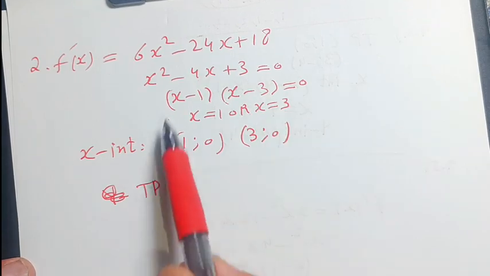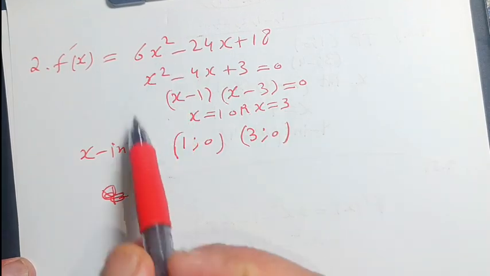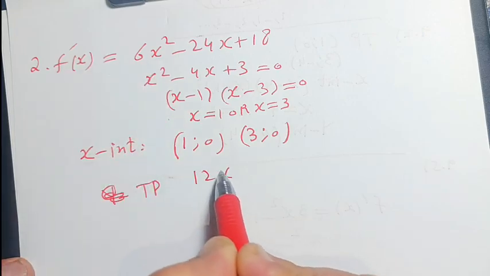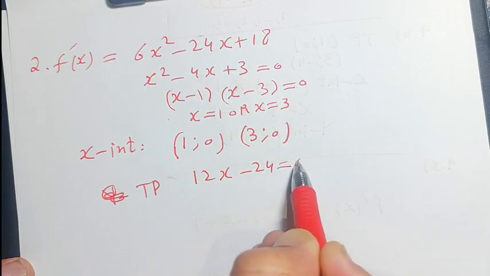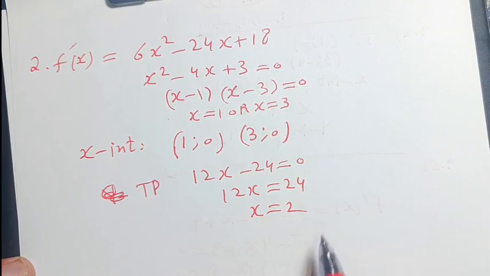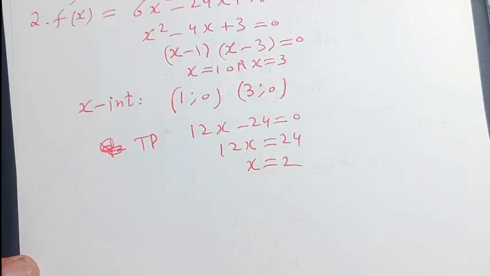Turning point, I need to find the turning point here now. So I take the second derivative of this graph, which is 12x minus 24 is equal to 0. 12x becomes positive 24, x becomes 2. So that x is 2. Now I put back into the original function to get the y value.